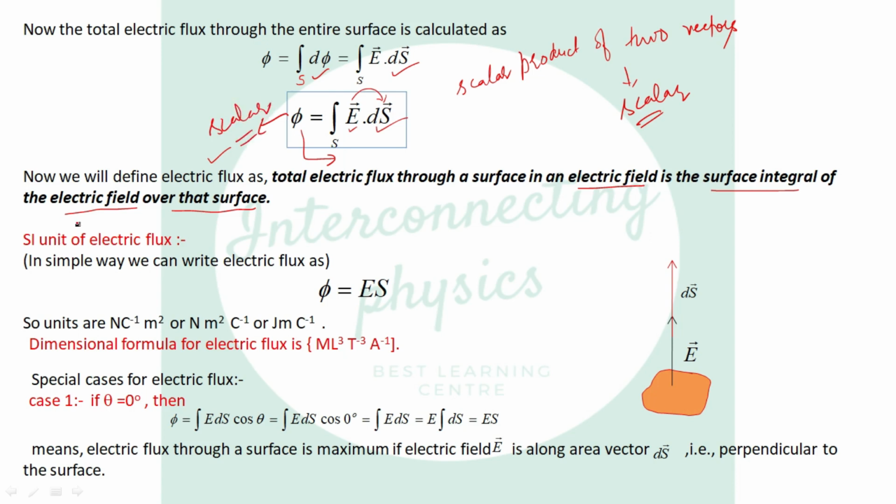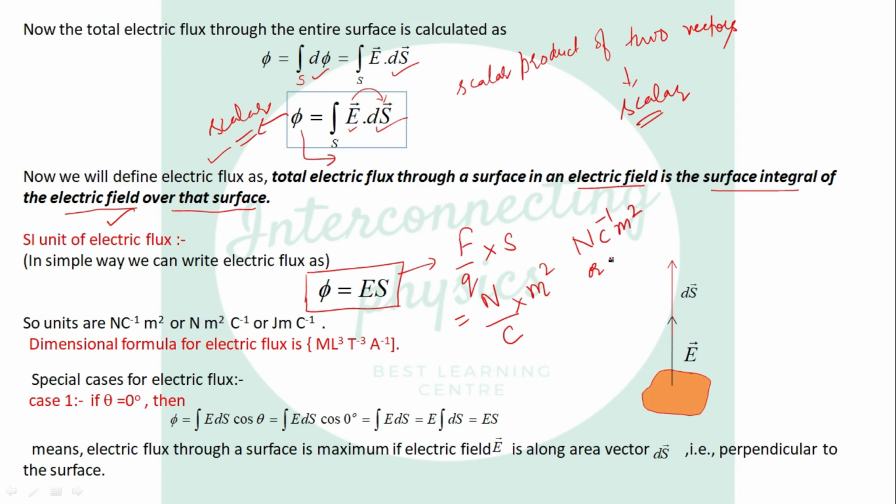Now, for the unit of electric flux, in the simple definition we can write phi equal to E into S. And what is E? E is the force experienced by a unit test charge, that is force divided by charge, and S is area. The SI unit of force is Newton, of charge is Coulomb, and of area is meter square. So the units will be Newton Coulomb inverse meter square, or Newton meter square Coulomb inverse.